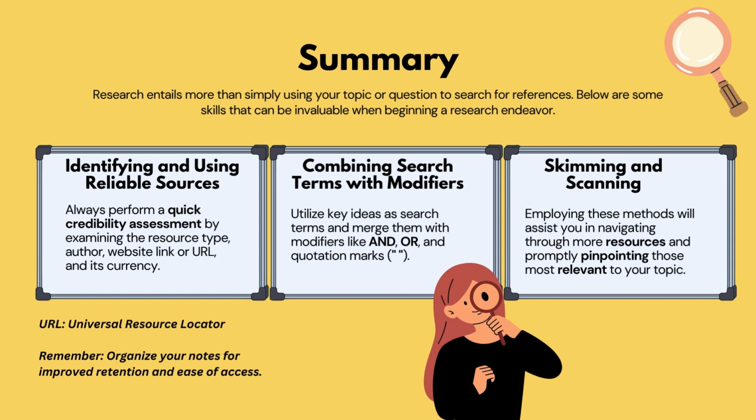Utilize key ideas as search terms and merge them with modifiers like and, or, and quotation marks. 3. Skimming and scanning. Employing these methods will assist you in navigating through more resources and promptly pinpointing those most relevant to your topic. And remember, when researching, always organize your notes for improved retention and ease of access.